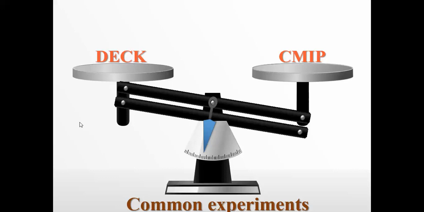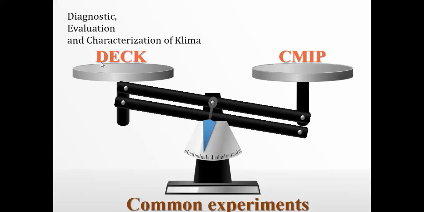DEC is the diagnostic, evaluation, and characterization of climate. And CMIP is called the Coupled Model Intercomparison Project. Both of them are trying to make a better projection for common experiments under different scenarios.